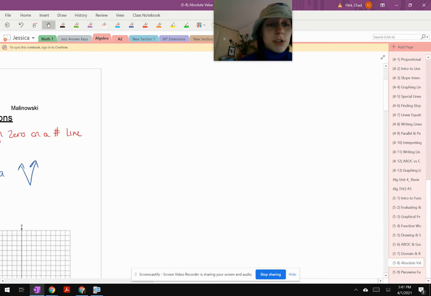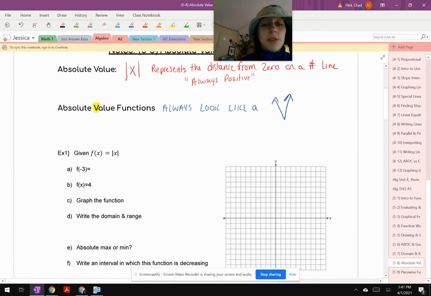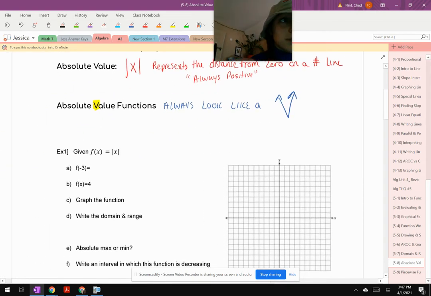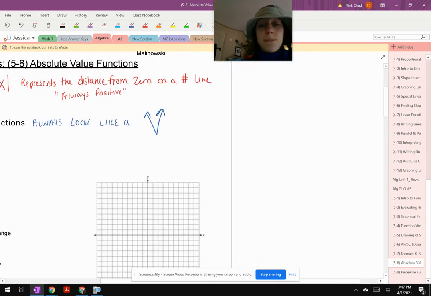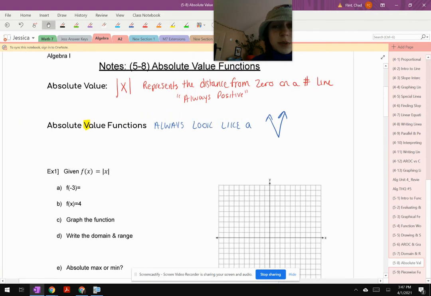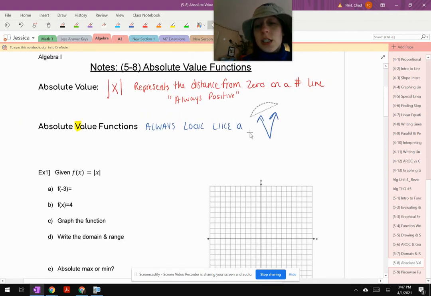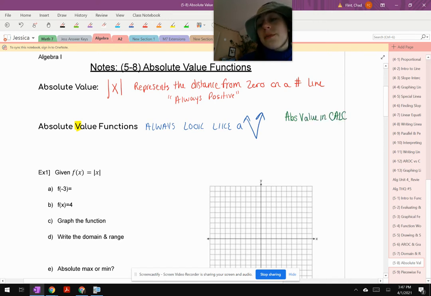Important piece of information is where to find the absolute value button in your calculator. So let's do this. Let's pull this over here, and we'll say ABS value in your calc.